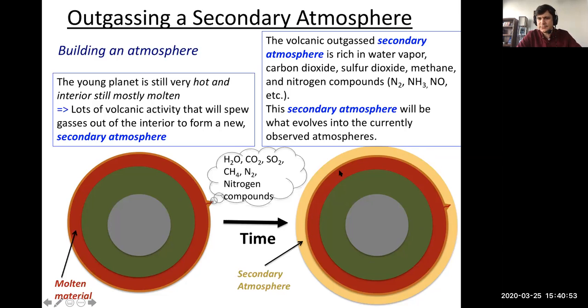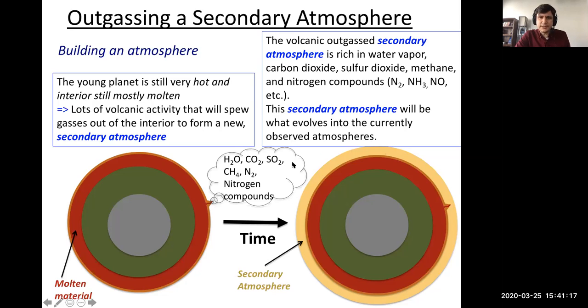And this atmosphere is going to be what we have to work with. This does not seem like the air I'm breathing in this room. We're going to have to modify this to get to the air we breathe here today on Earth. But this is our starting point. We expect all the terrestrial worlds to end up with a secondary atmosphere that is made out of volcanic gases.